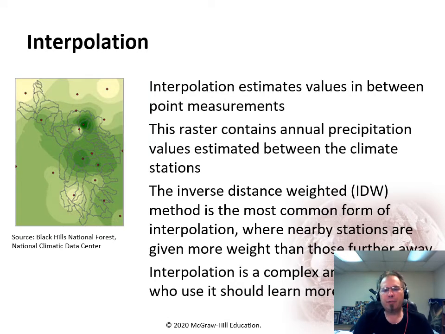Another hugely useful technique for using rasters is what's called interpolation, which estimates values in between point measurements. We've all seen this. Every night on the news, you see all those pretty colors on weather maps, and a lot of that is done, obviously they're modeling things, but you can think of it as you have rain gauges all over the place, and based on those rain gauges, they create smooth surfaces to show who got more rain where.